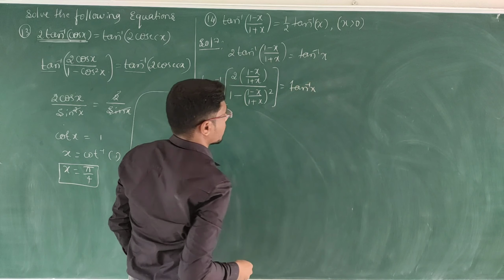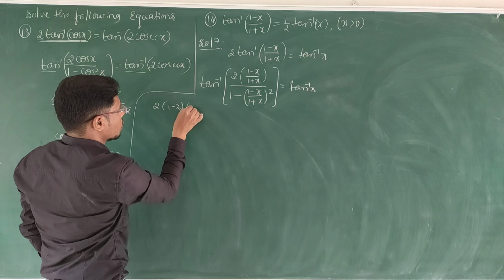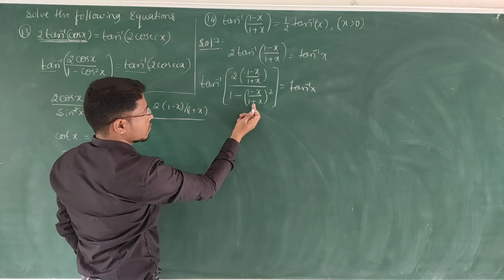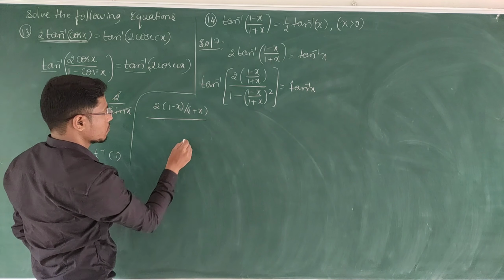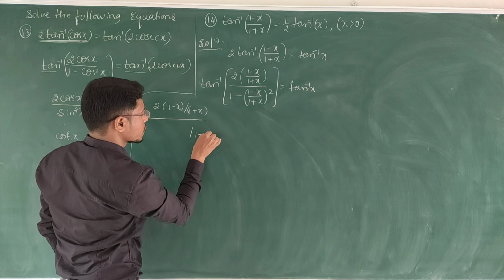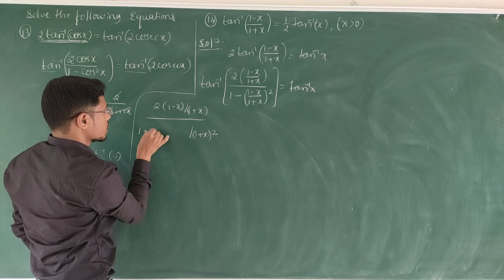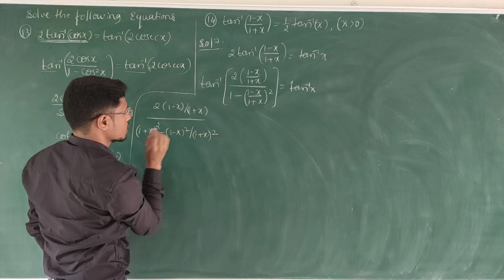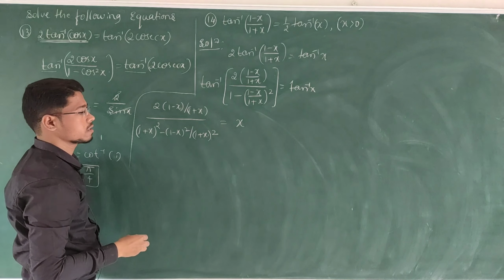Cancel tan inverse on both sides. Taking the LCM, 1 plus x square, it will multiply to this side: 1 plus x square minus 1 minus x square is equal to x.